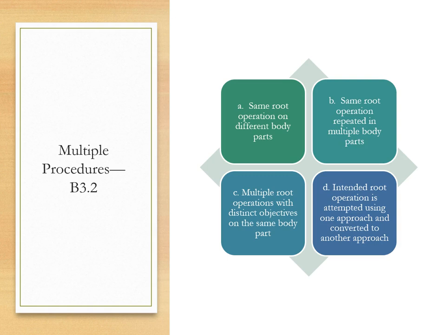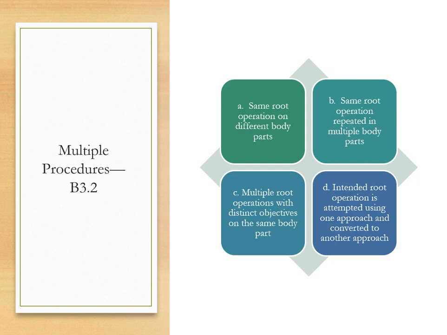So let's say the doctor is setting out to do a laparoscopic appendectomy, and he realizes he can't do it laparoscopically. He converts it to an open appendectomy. You're going to code both procedures. One is going to be coded as an inspection. The other one is going to be coded as a resection.